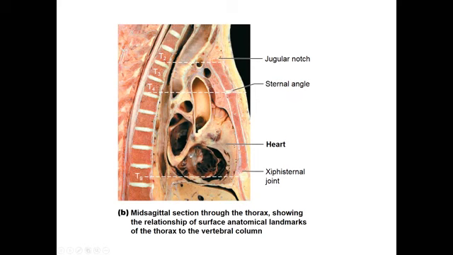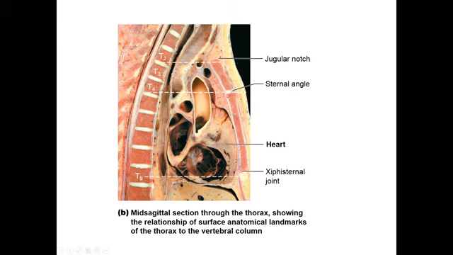This is a view from the side. So again, you can see your sternum here. You can see the notch and the angle, and you can see what other structures lie behind. We've got the heart here, and you can see that the apex of the heart is pretty much where your xiphisternal joint is, and you can also see that the bottom third of your sternum is where you should do your CPR compressions, because then you compress the heart very nicely.